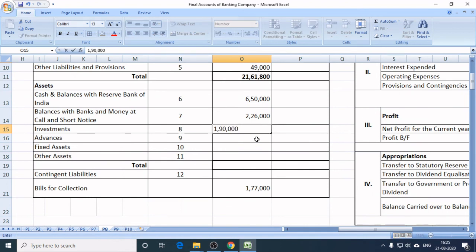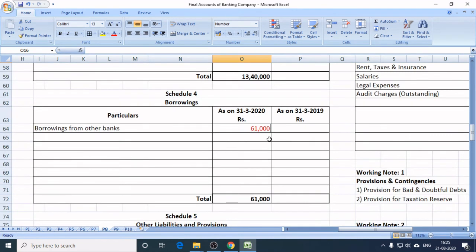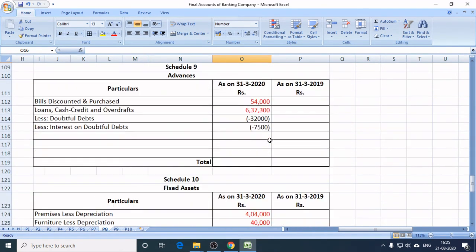Okay, the next is advances. Here we have 2 figures to add and 2 figures to deduct. So 54,000 plus 6 lakh 37,300 minus 32,000 minus 7,500. So 6 lakh 51,800. I'll again do it.